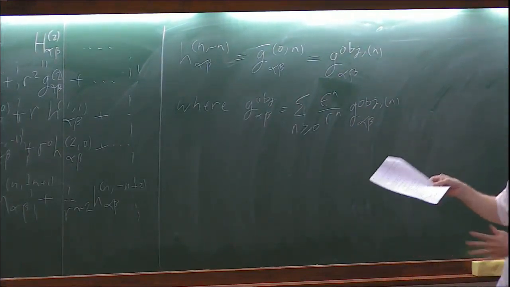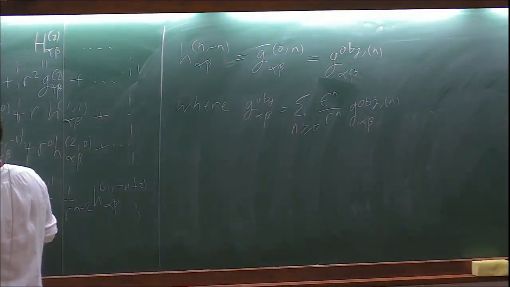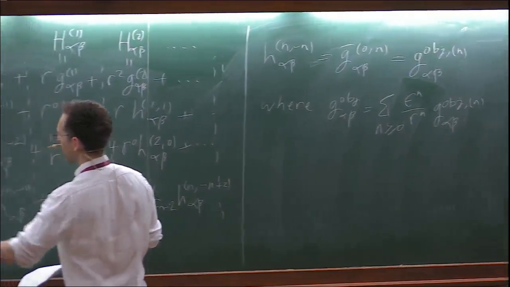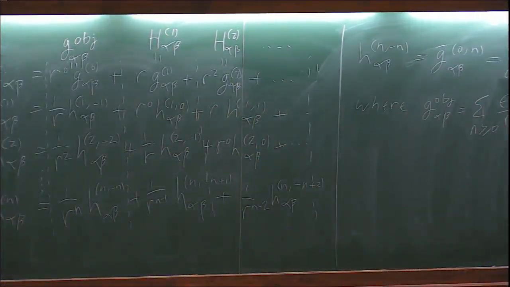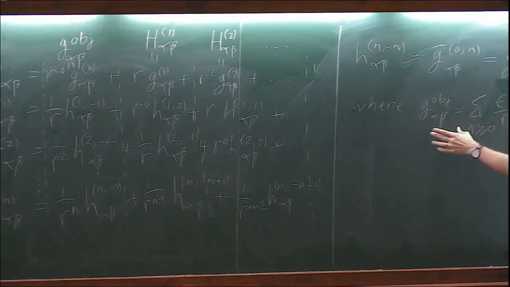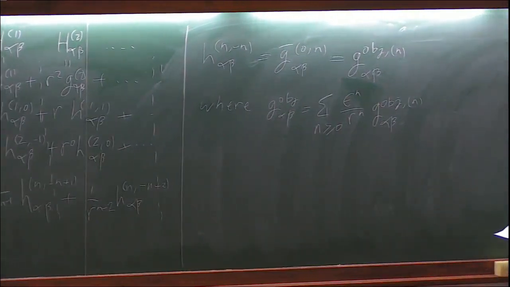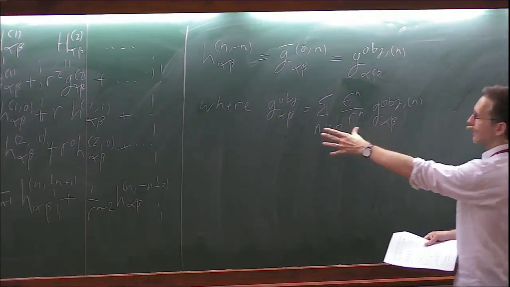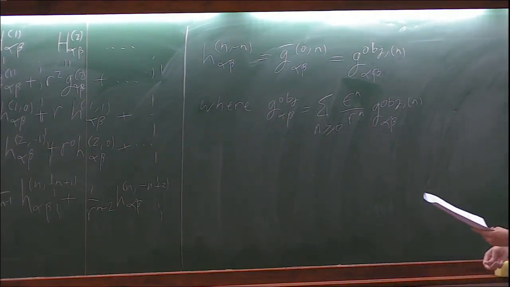So as you zoom in towards the object, the leading term in your nth order outer metric perturbation is just identical to a term in the large r bar expansion of the object's metric. So remember, large r bar means you're zooming out to asymptotic infinity in the metric of the small object, going far away from the small object.